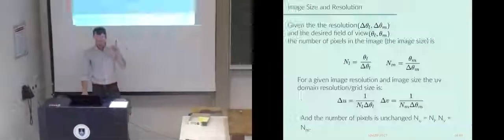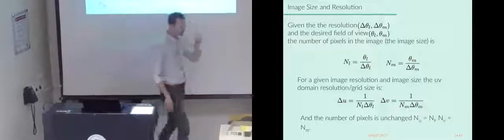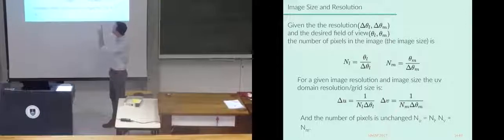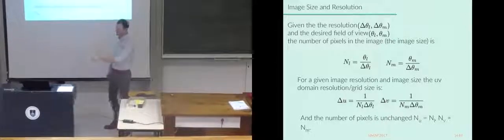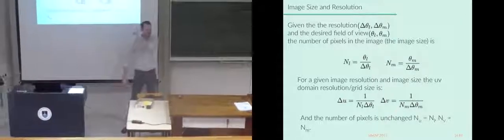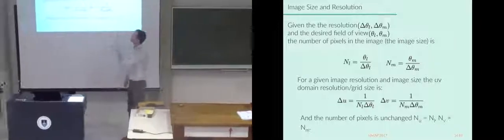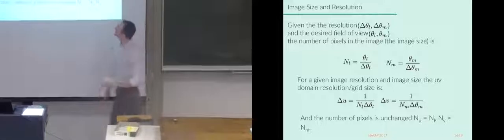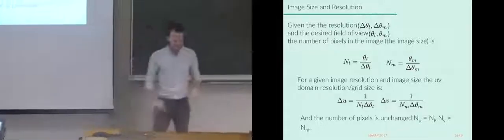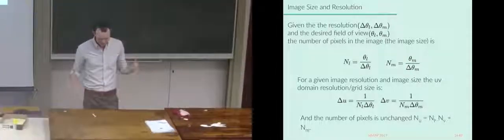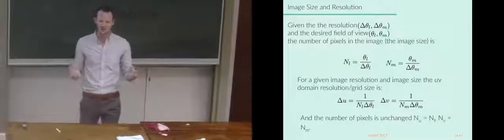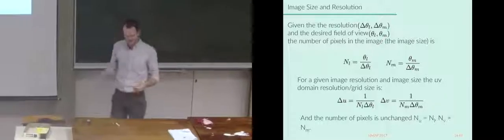Okay, oh wait, skip past, I need to move this. This is a really useful slide to have. And in fact, at the end of the last slide is the homework, which is just using these simple equations to answer some questions. Hopefully the homework for today is very easy. When you're making an image, you need to decide what resolution you need and how big the image should be, right?